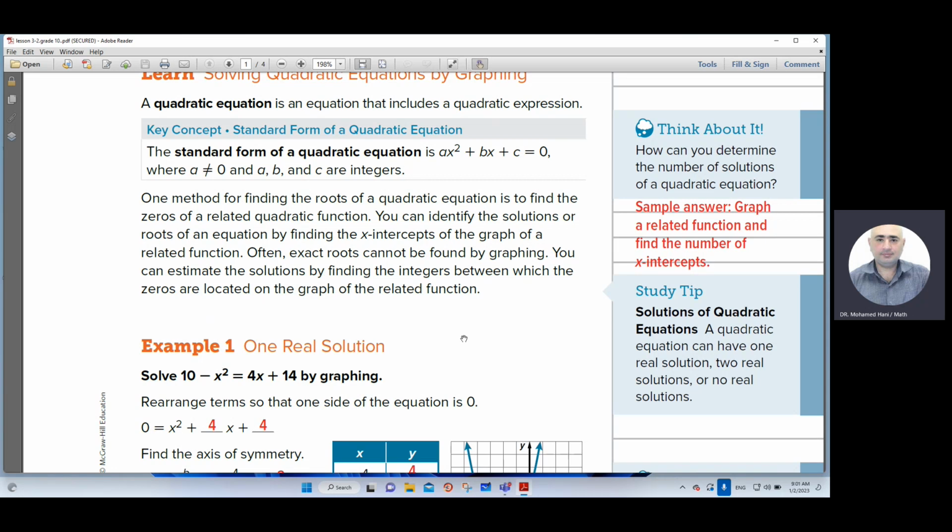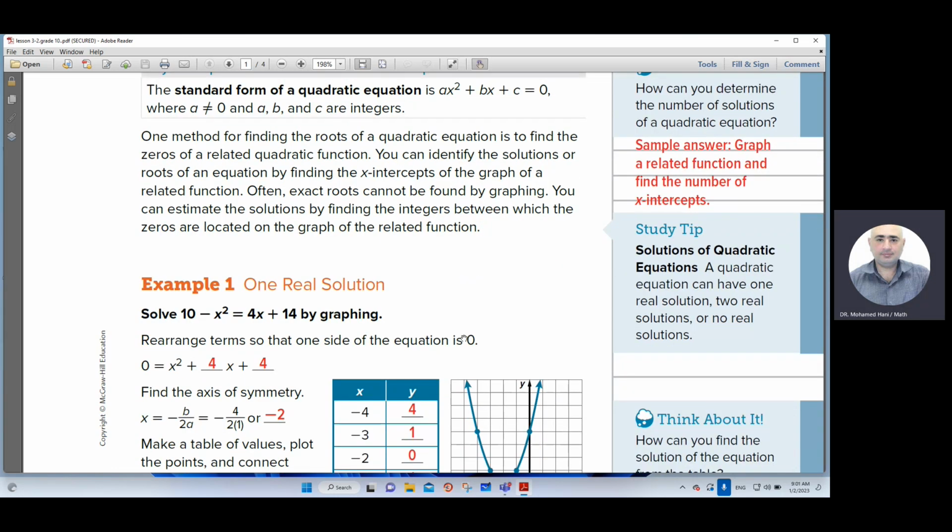How to solve this quadratic equation using graphing? The first step, we want to prepare this equation. So put all terms in the same side. We can transfer 4x and 14 to the first side.